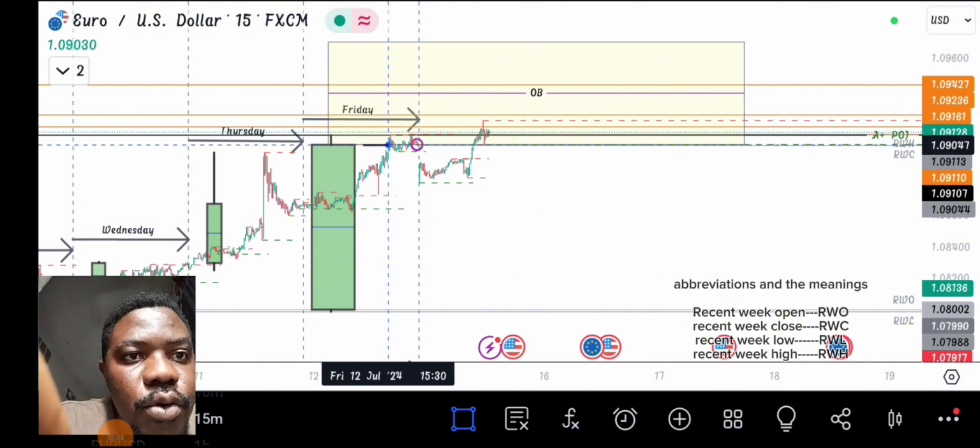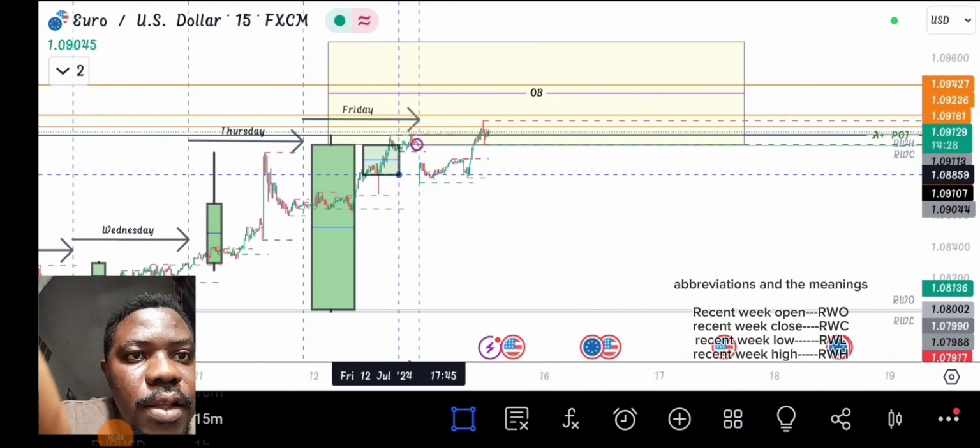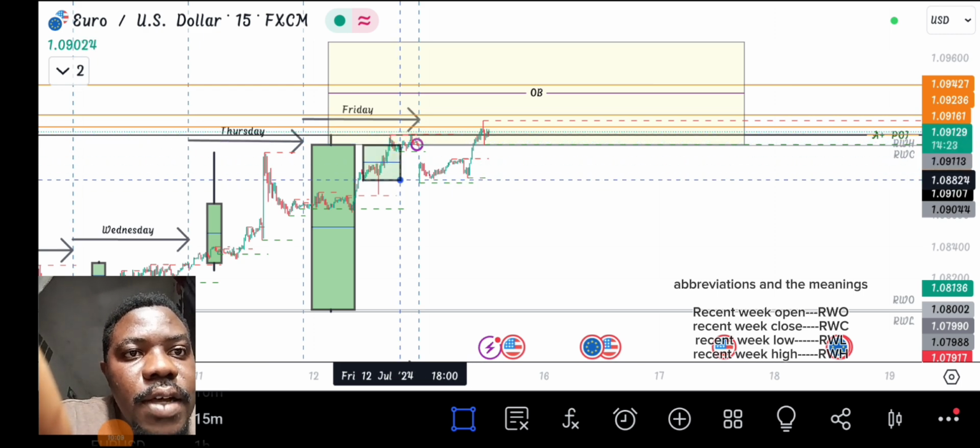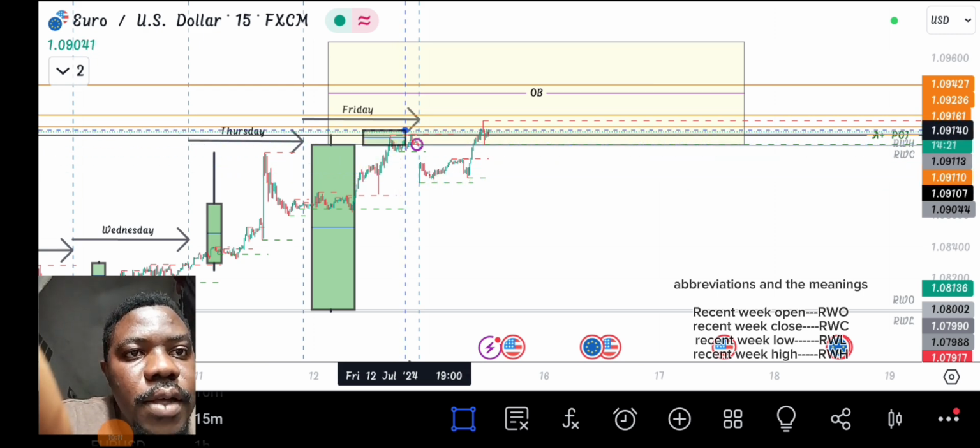Definitely the wick opened from here, but due to the gap, I think it opened from somewhere below here. So let's say price has gone high from here to this point and it's now here.